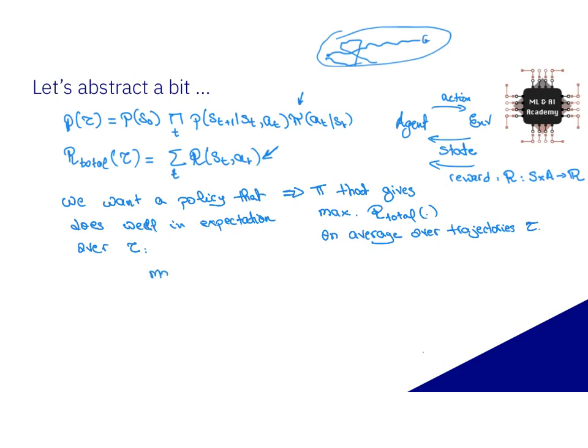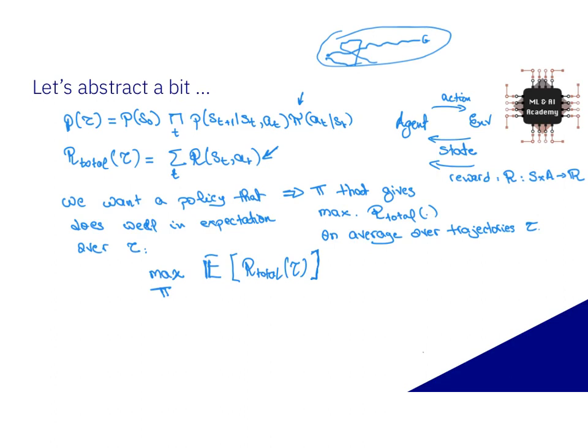In other words, we want to maximize with respect to the policy pi, because we want a policy that does well, which means it gets the maximum R total on average, which is an expectation of the reward R total over tau. So we want to get a maximum reward total on average, and we want to find that policy pi that will give me the best performing reward total of these trajectories.